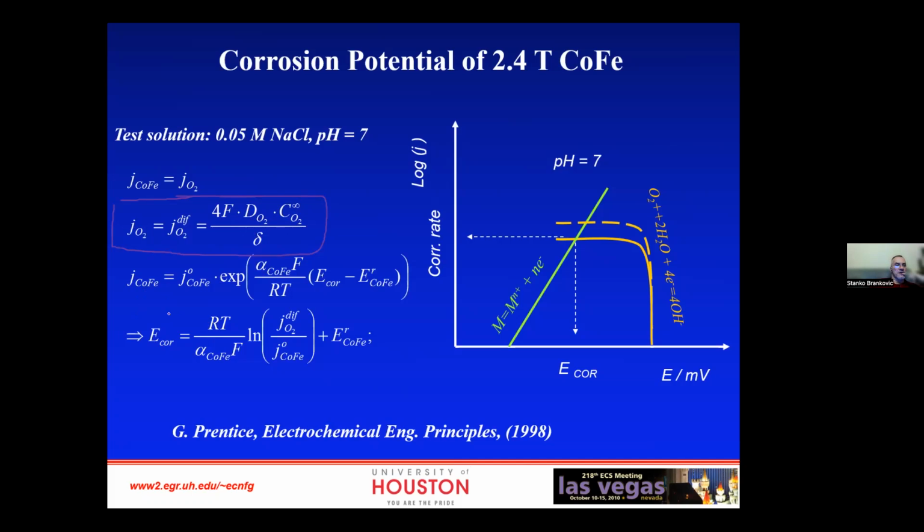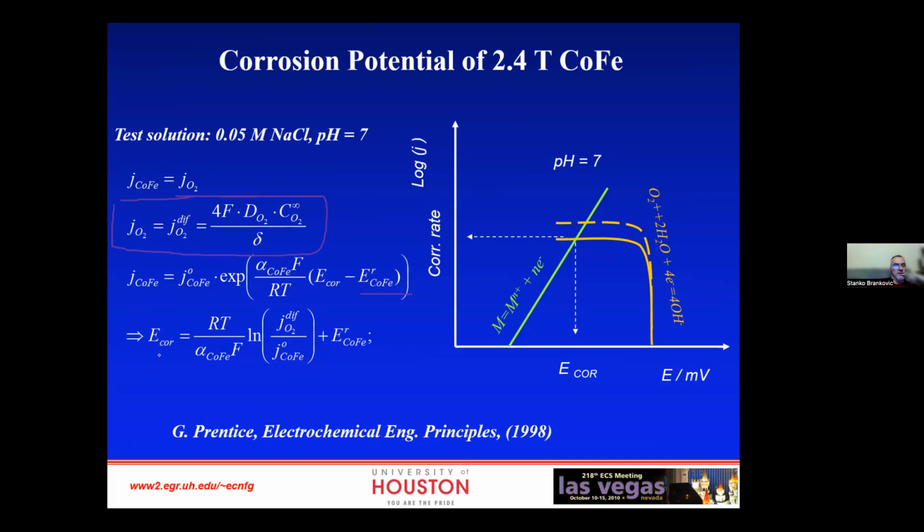We also know that if we dissolve a cobalt iron film, we can express the dissolution current as the product of the exchange current density for cobalt iron dissolution times this exponential term, where this is anodic coefficient, Faraday's constant, RT, and this is E corrosion minus equilibrium potential of cobalt iron, right?